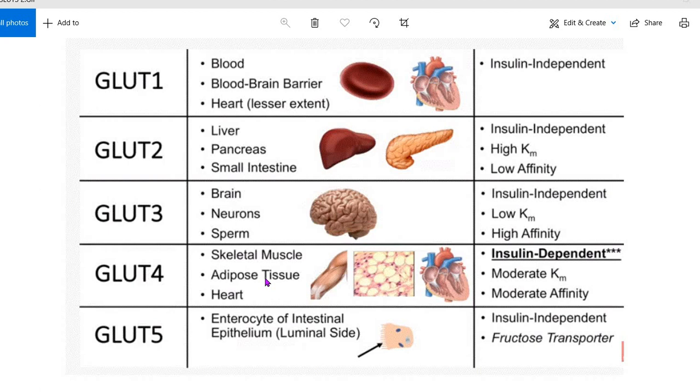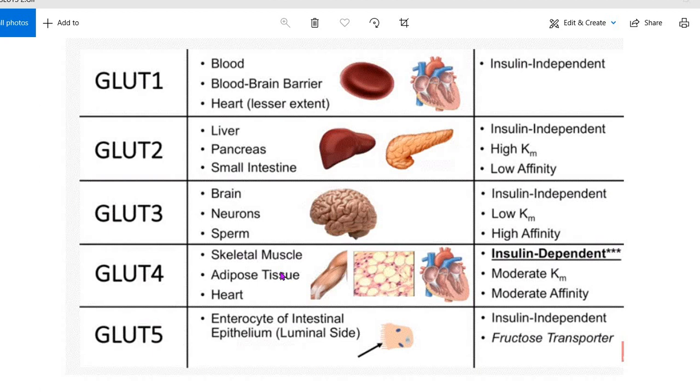Now, one interesting thing about GLUT4 is that GLUT4 is insulin dependent. You can see that there are asterisks multiple times to actually emphasize that difference. GLUT4 is insulin dependent. That simply means that for these tissues to access glucose through GLUT4, it is being influenced by the presence of insulin.